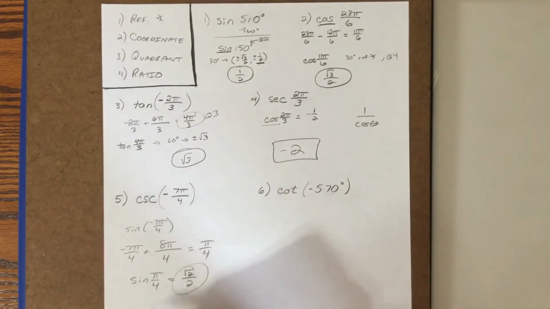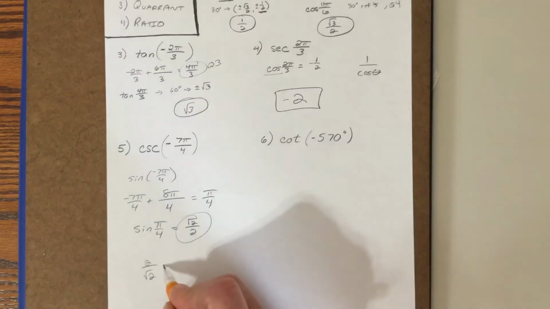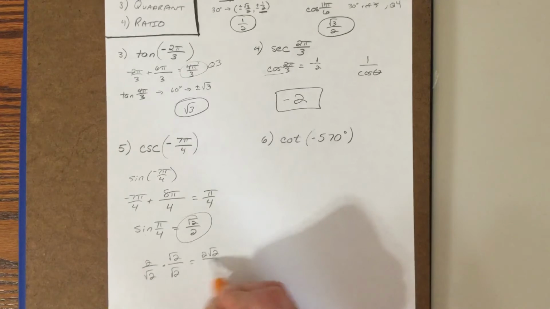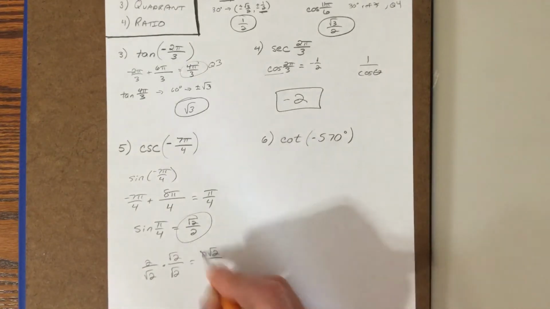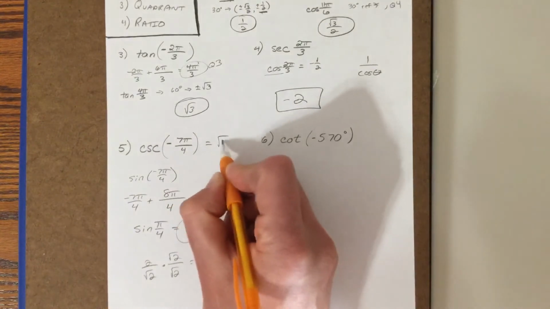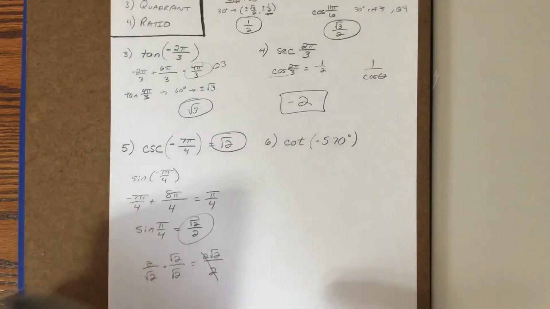So the reciprocal of √2/2 would be 2 over √2. We have to get the radical out of the denominator by multiplying by √2. That gives us 2√2/2. That cancels out. So our answer is just √2. So that is equivalent to the cosecant of -7 pi over 4.